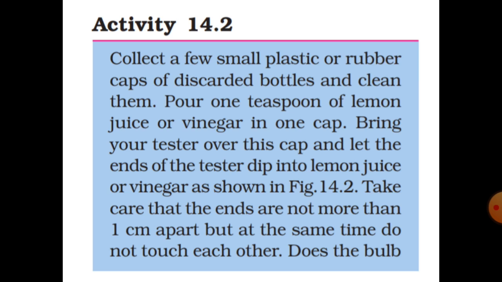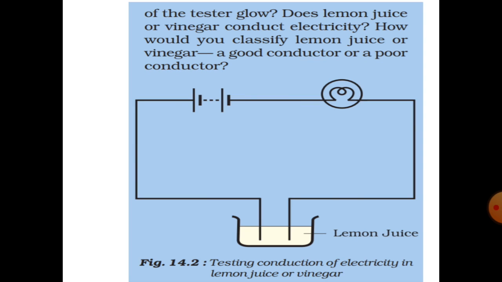Clean them. Pour 1 teaspoon of lemon juice or vinegar in one cap. Bring your tester over this cap and let the ends of the tester dip into the lemon juice or vinegar. Take care that the ends are not more than 1 centimeter apart, but at the same time do not touch each other. Does the bulb of the tester glow?